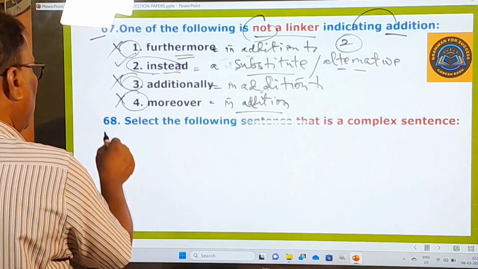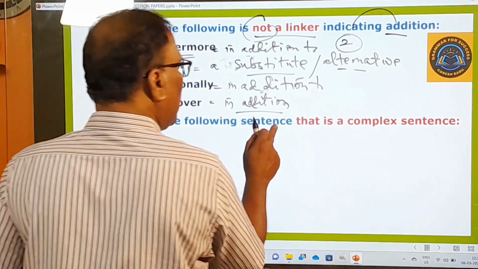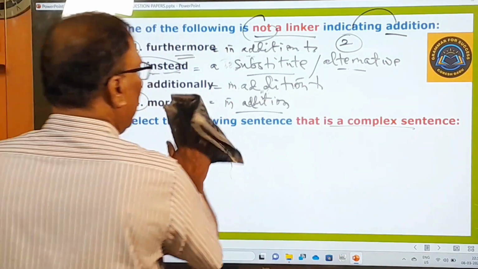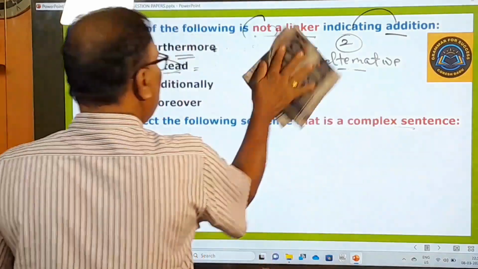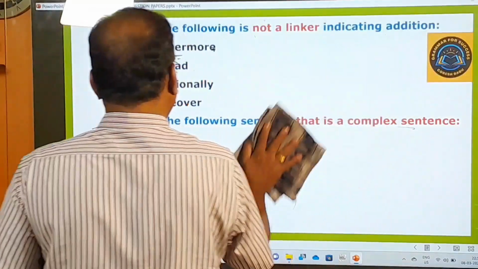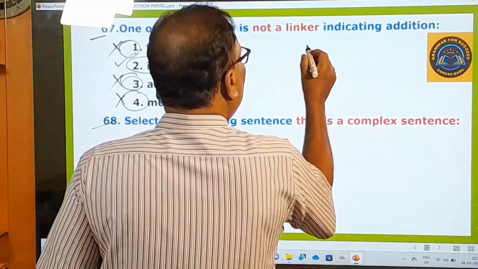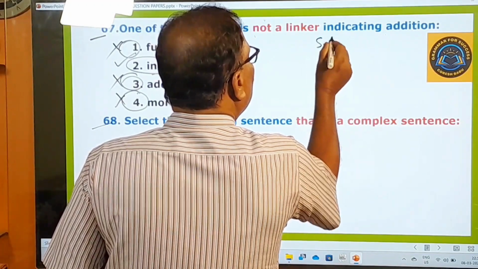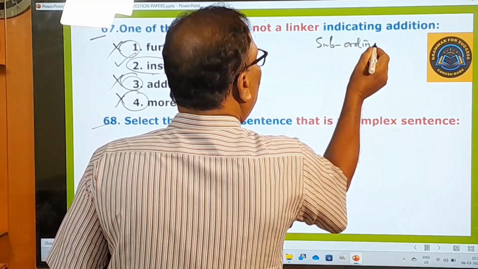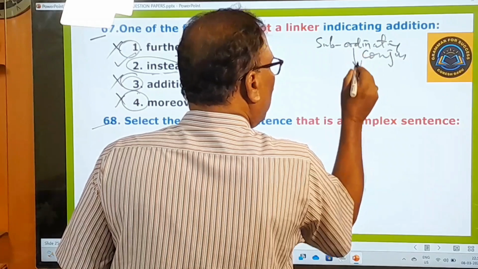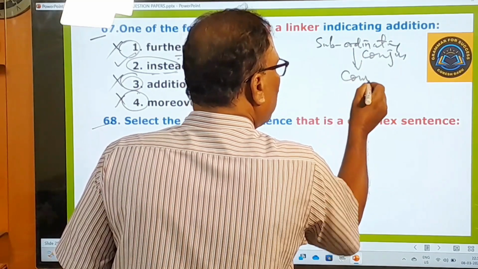68th question. Select the following sentence that is a complex sentence. Okay, and what is the complex sentence? Already I have told you about the concept of complex sentences. You know very well, complex sentences are introduced by subordinating conjunctions. Subordinating conjunctions introduce complex sentences.